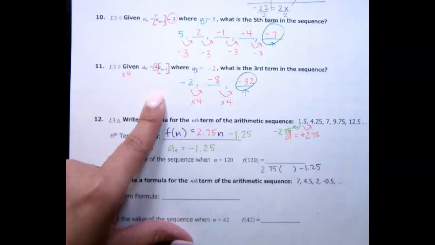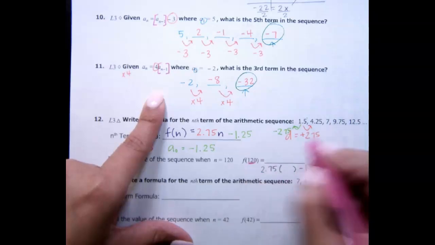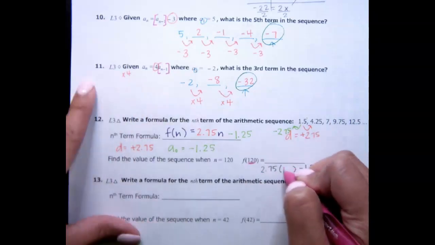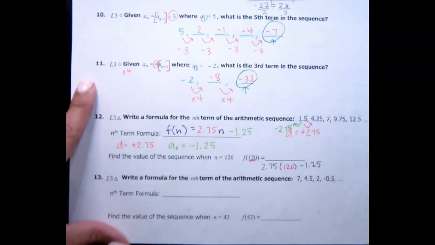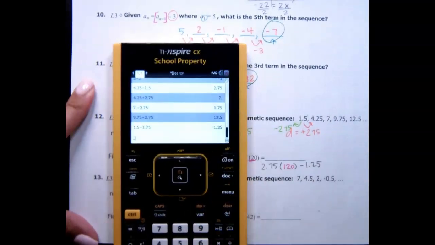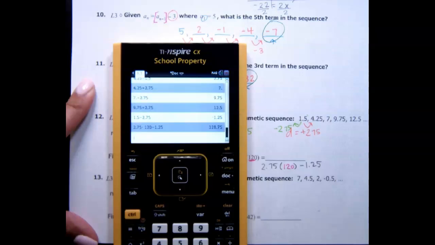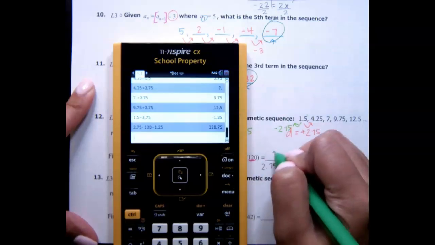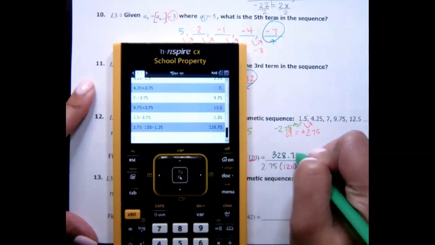I'm just going to plug this in here because that's where the n is. And now I just calculate that. 2.75 parentheses 120 minus 1.25. And my answer is 328.75.